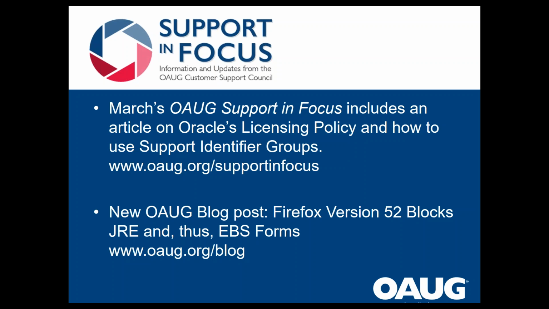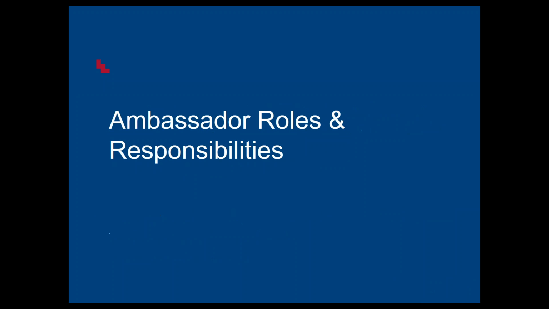They have also done a blog post recently about the new Firefox version and how it was blocking EBS forms. So you can go on the blog on our website, and you can find a workaround there too. You can also volunteer to be part of the Customer Support Council. And you can do that on the volunteer page of the website, and I'll show you how to do that as well.